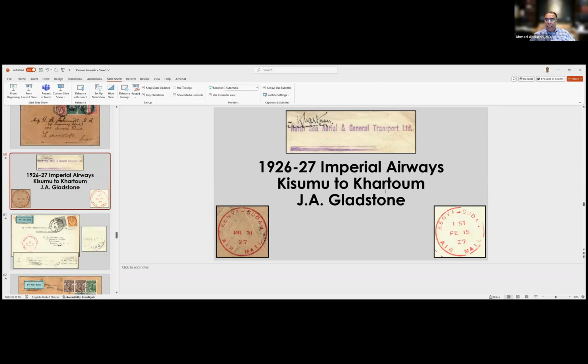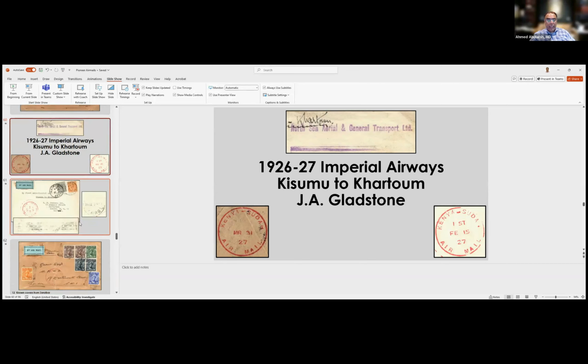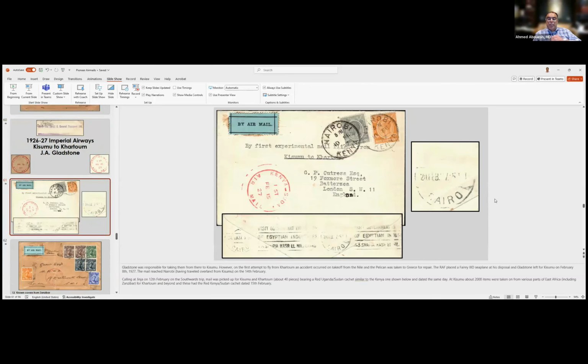For the first flight, the plane needed to be repaired, and the flight was delayed. It was sent back to Athens to be fixed, and then it happened. But the first flight cache, Kenya, Sudan, was on the 1st of February, or 15th of February, 1927, with the first here noting the first flight.